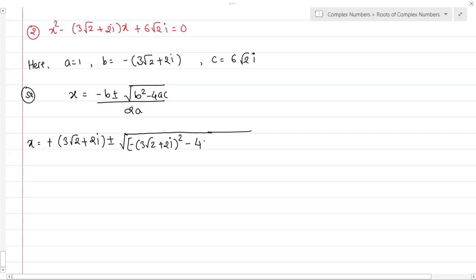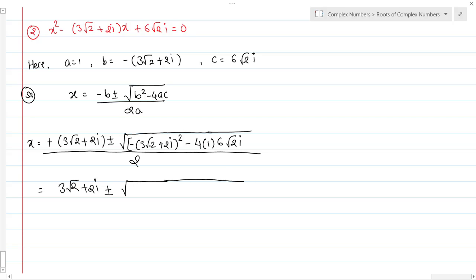What is a? a is 1, and what is c? It is 6 root 2i, divided by 2 into a. So 2 into a is nothing but 2 only. Okay, so it's positive: 3 root 2 plus 2i plus or minus root of.